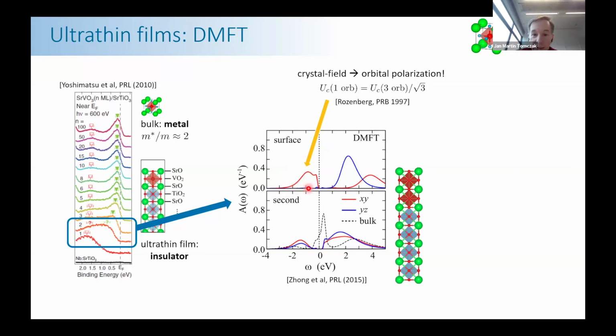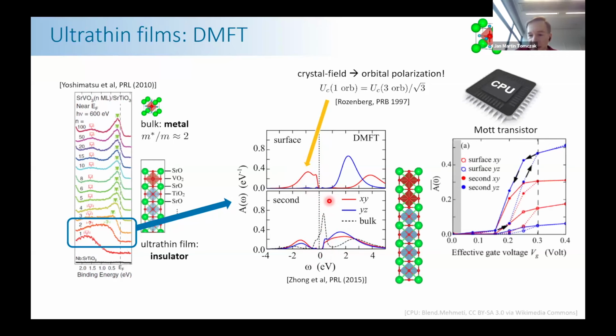Now, the interesting thing here is that this has a relatively small gap. If you look for the U, I think here was 3.5 or so. The gap in relation is relatively small, so it's relatively stable, so you can easily manipulate it. And the interesting thing is that if you apply a gate voltage, or basically you dope the system, you can drive the system from an insulator, this is the spectral function at the Fermi level, with a relatively small gate voltage into a metallic state.